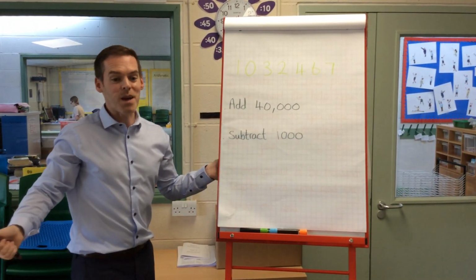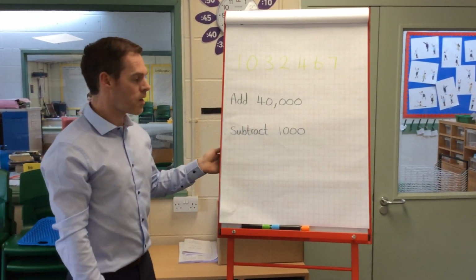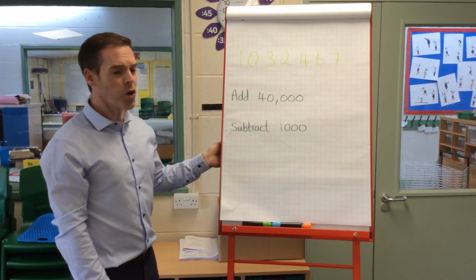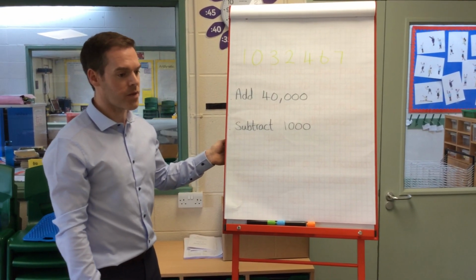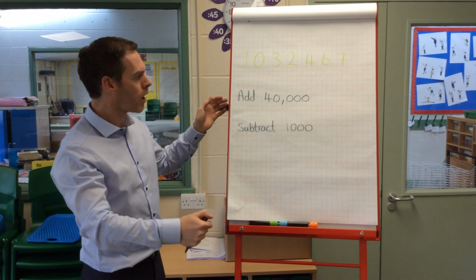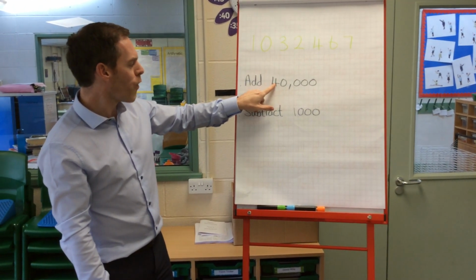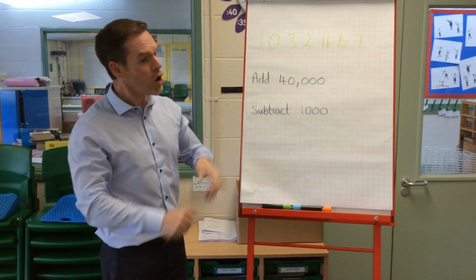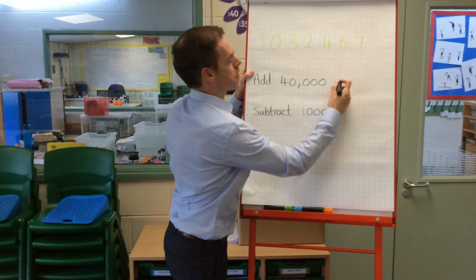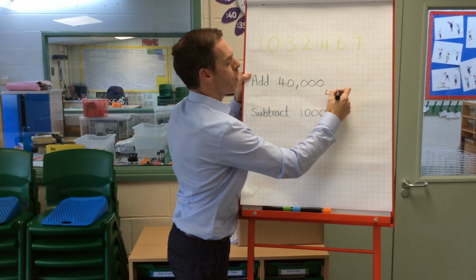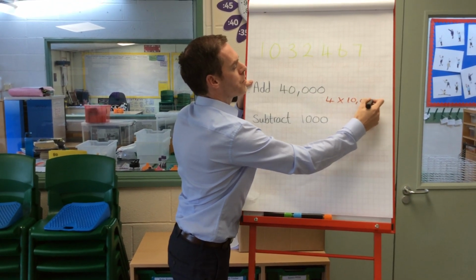Now, somebody might ask me to add 40,000 to that number. Now, I wouldn't have to do that in a column method. I wouldn't have to start lining my digits up and writing them down. I should be able to look at that, add 40,000, and think, oh, that's 40,000. That's 4 10,000s. If I write that out beside it, it's 4 times 10,000.